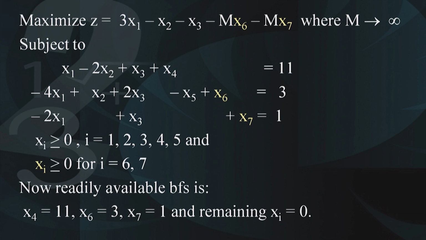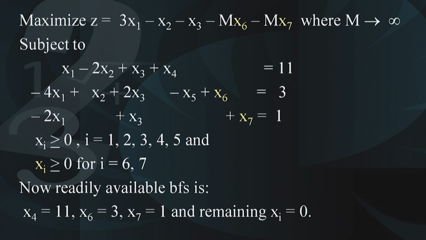The initial BFS is x4 is equal to 11, x6 is equal to 3 and x7 is equal to 1, all others 0.